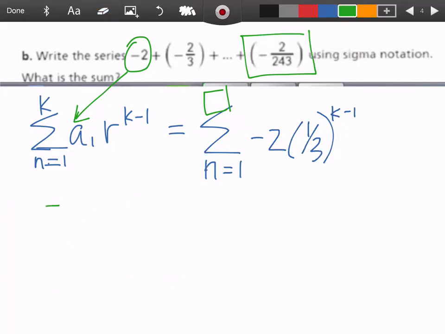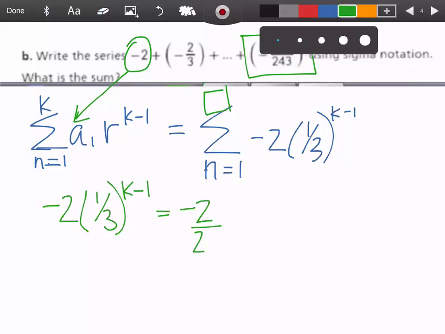Then we know -2 times the common ratio to the k minus 1 is equal to -2 over 243. So now all we have to do is solve for k.